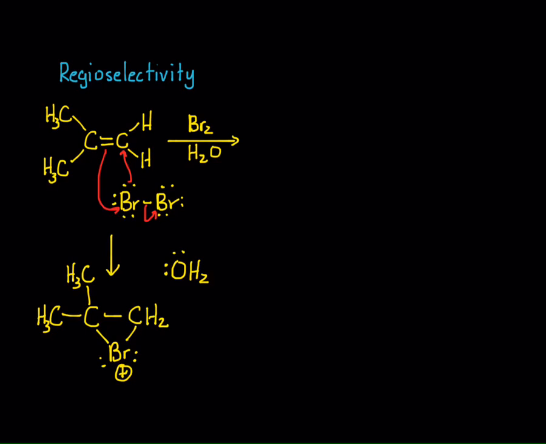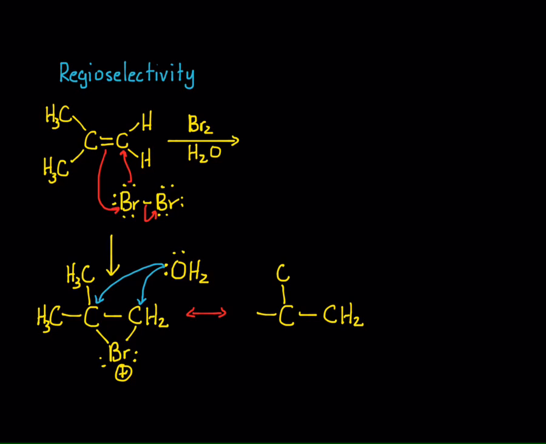Well, the way we have to think about this is we have to think about resonance of that bromonium intermediate. Now, certainly, this is going to be the most stable intermediate. The bromonium ion is the most stable intermediate. Why? Because all of the atoms have an octet of electrons. But we certainly can envision, if I attack either one of these, which one of them is going to occur?